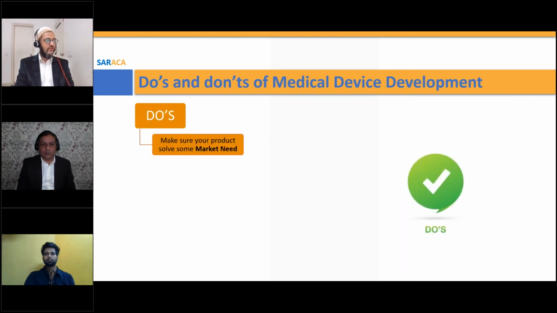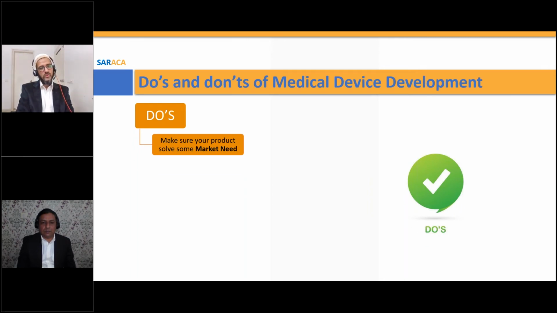Like we already discussed, make sure your product solves some market need. This depends on whether you have already defined your VOC. You might have a very good technology at hand, a very unique thought, but if it's not solving some market need, then proving it in the market to become commercially successful will take a lot of time.